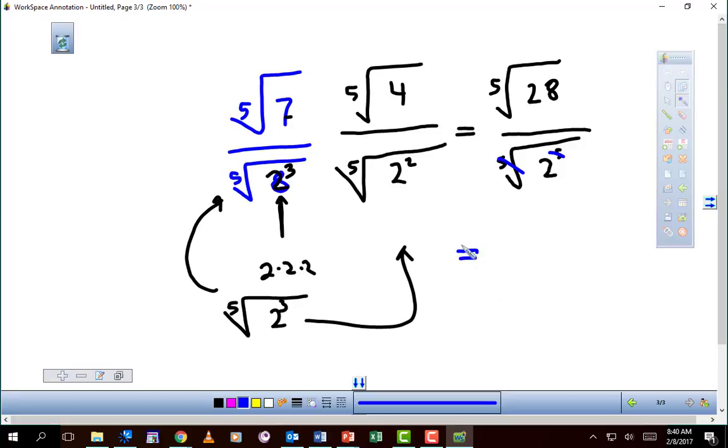And so we got rid of this radical in the denominator. We have the fifth root of 28 over 2. Okay? Now, I know some of you guys might be thinking, why can't we take this 2 and cancel off that and make a 14?